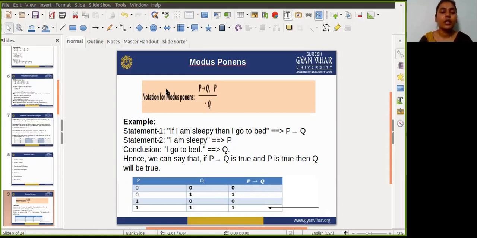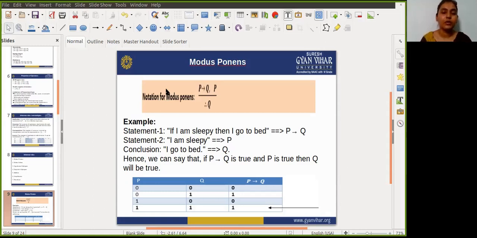So what conclusion do we find? I go to bed. One statement is given that if I am sleepy, then I will go to bed, and the second statement says that I am sleepy, then obviously you will go to bed. Hence we can say that if P implies Q is true and P is true, then Q will be true.